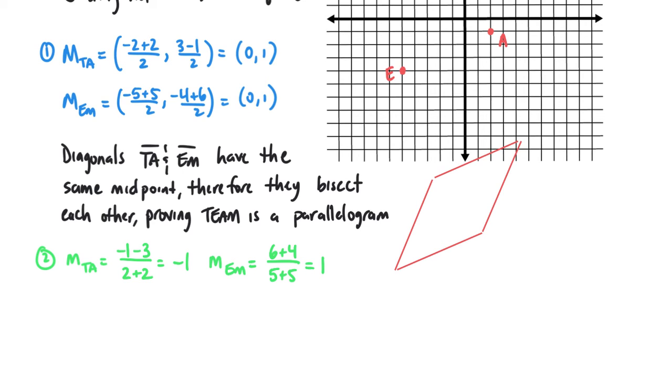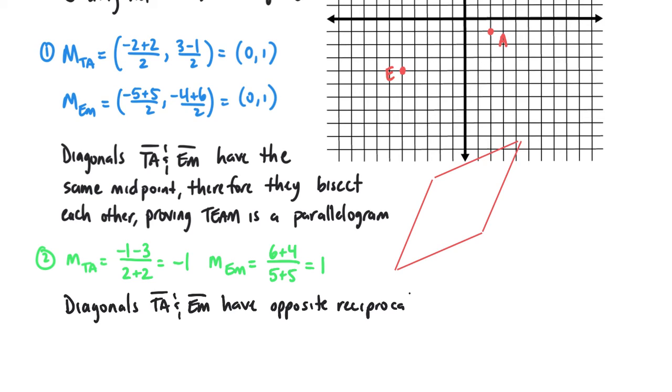I got perpendicular slopes. So now my write-up: diagonals TA and EM have opposite reciprocal slopes.